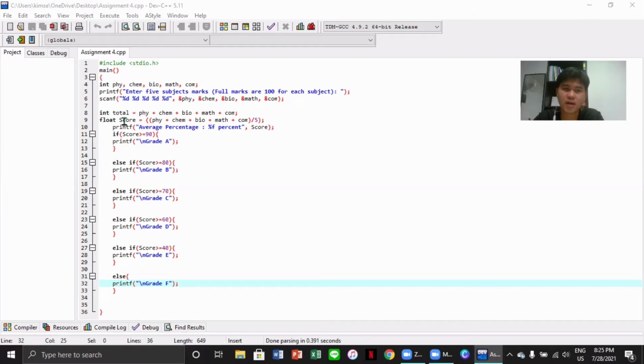So these 5 subjects are added together and divided by 5, and we get the average percentage that we put right here in printf. This is the float that holds the value of the total score of the 5 subjects added together, to be a percent.